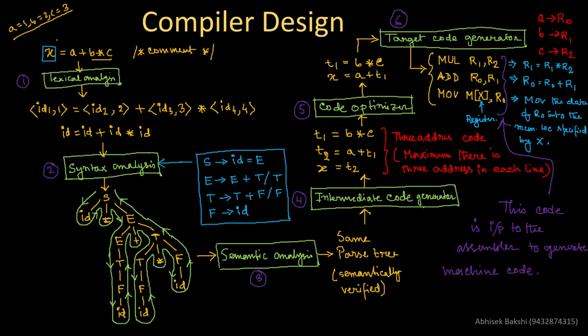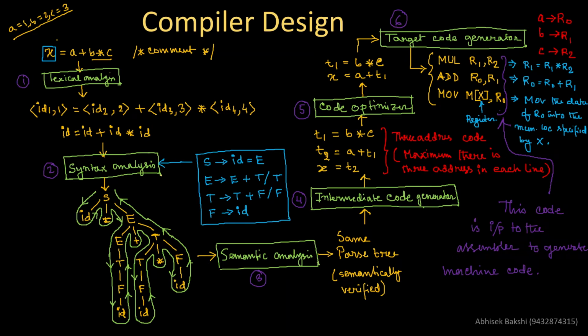Syntax analysis phase only checks whether the string that is input to the compiler is syntactically correct or not. That means, is there any way to form a parse tree from the string using the production rules?